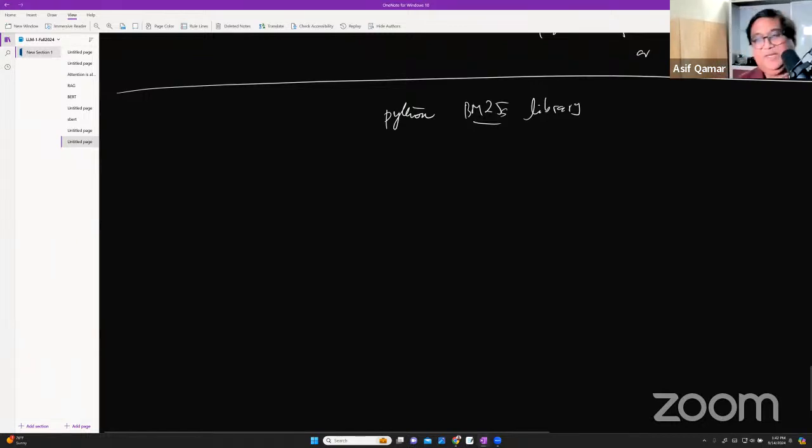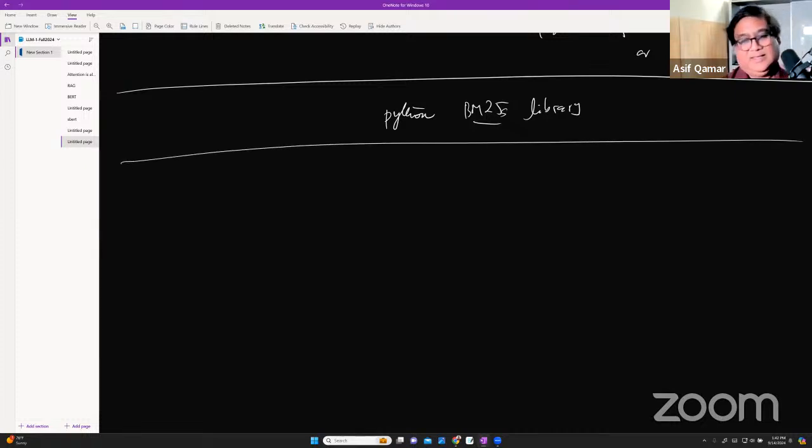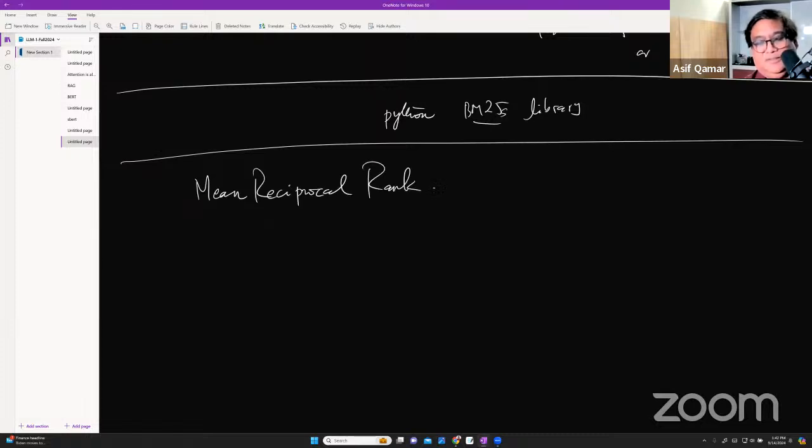One of them, I'll start with the simpler one of them. Mean Reciprocal Rank, MRR. What does MRR mean? What it means is, suppose you create a validation data set.